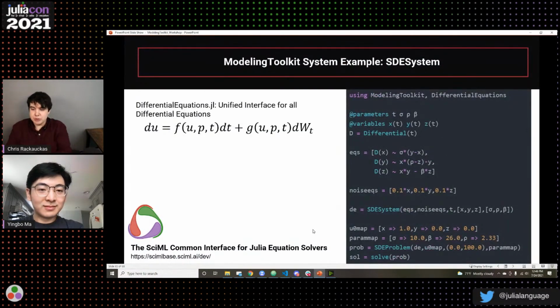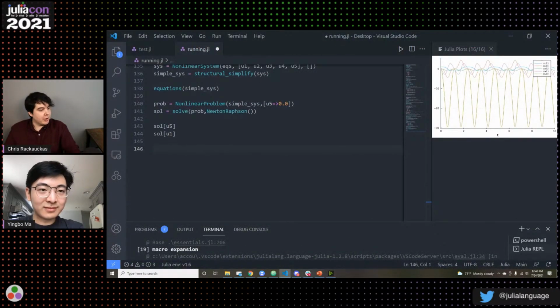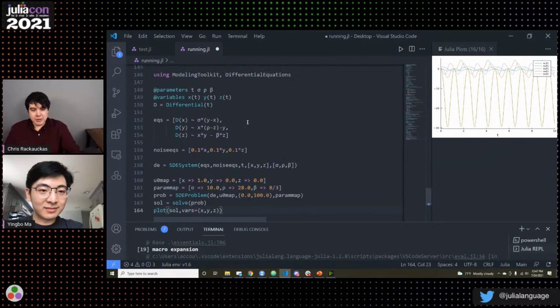Let's go to stochastic differential equations, right? Since we're nearing the end here, I'm going to copy this over. So this looks almost exactly like ODEs, except now instead of just having your equations, you have your noise equations, where if you only give it an array that matches, then it's going to be diagonal noise. If you give it a matrix, it's non-diagonal noise.